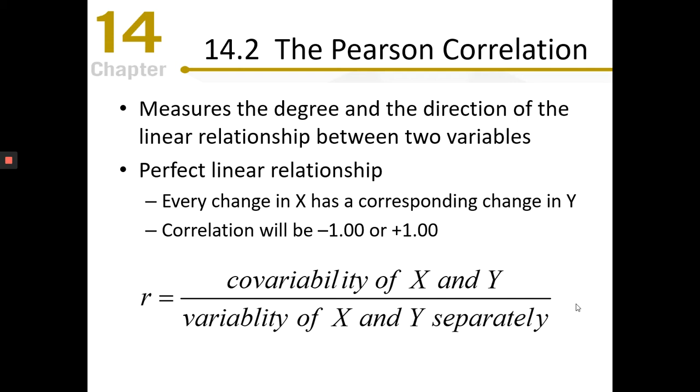So basically what we're asking with this ratio is, do these two variables dance together, whether it's a positive dance and they both go up or they both go down, or whether it's a negative dance, one goes up, the other goes down, one goes down, the other goes up. Are those two variables dancing together in a pattern?